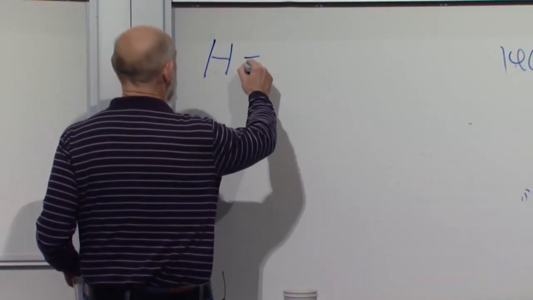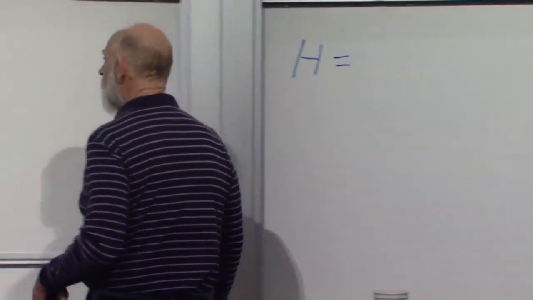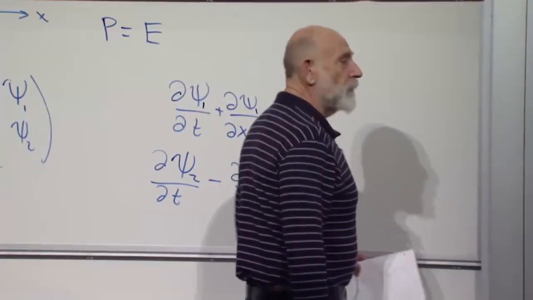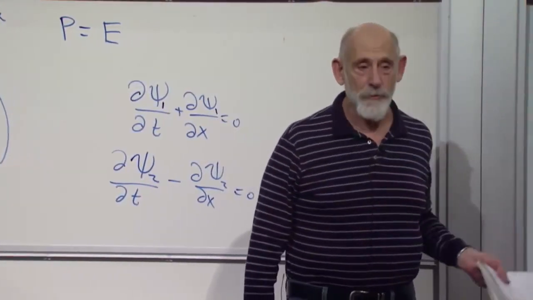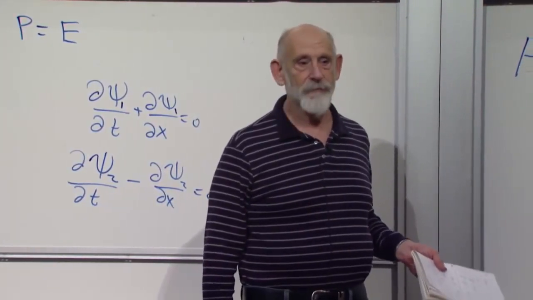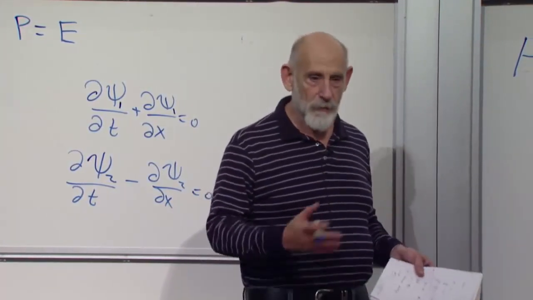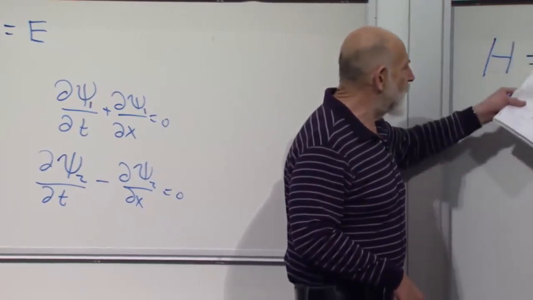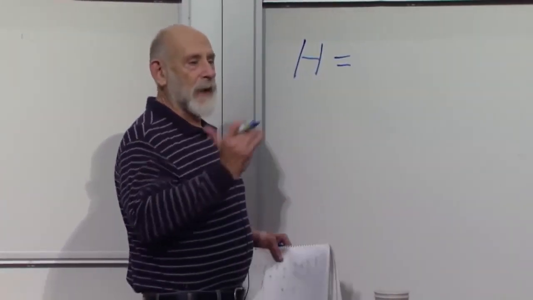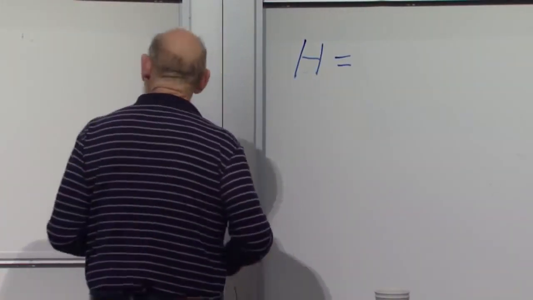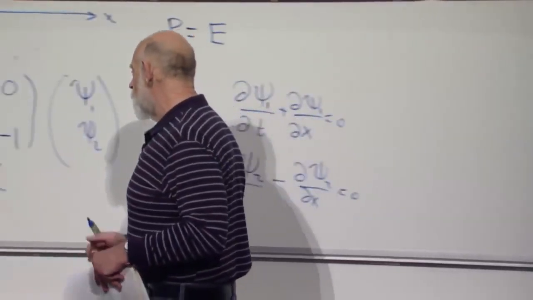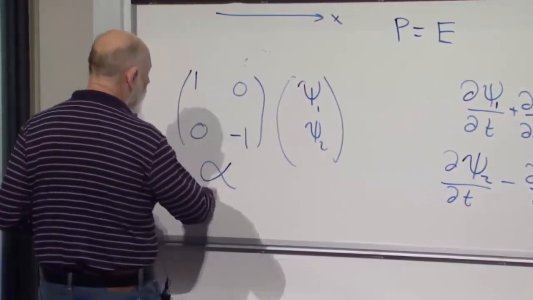The Hamiltonian is P if the particle is moving to the right, and minus P if the particle is moving to the left, the two kinds of particles, one moves to the right, the other goes to the left. So it's P if it's a right mover, and minus P if it's a left mover, but the right movers and the left movers are distinguished by alpha.